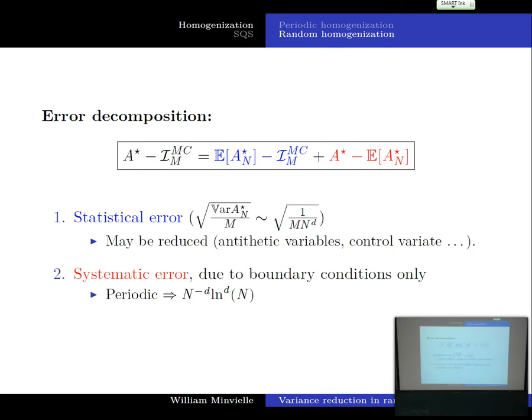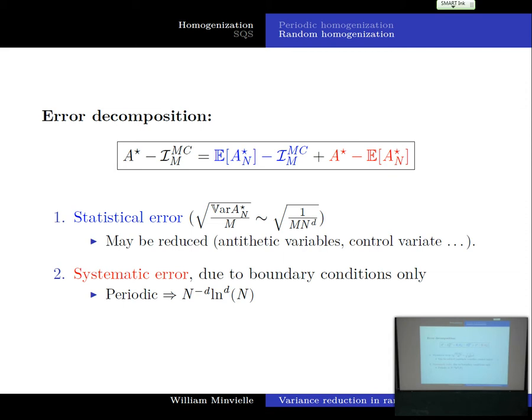Okay, so that is why what I will do in my talk is just the following thing. I will try to construct an alternate estimate of A star, which is alternate to that one, which has a smaller variance. Okay, and in a nutshell, what I will do is just to pick not every realization, which might be completely crazy.